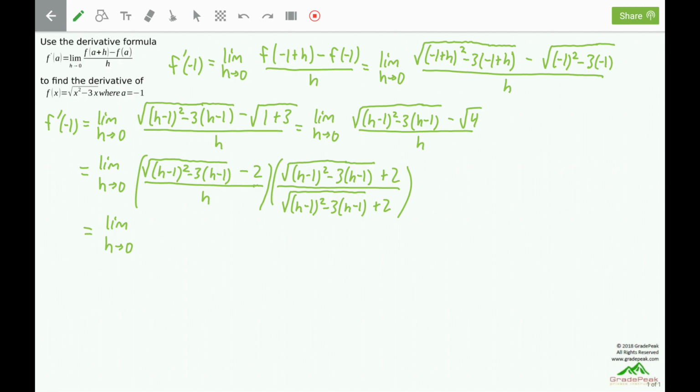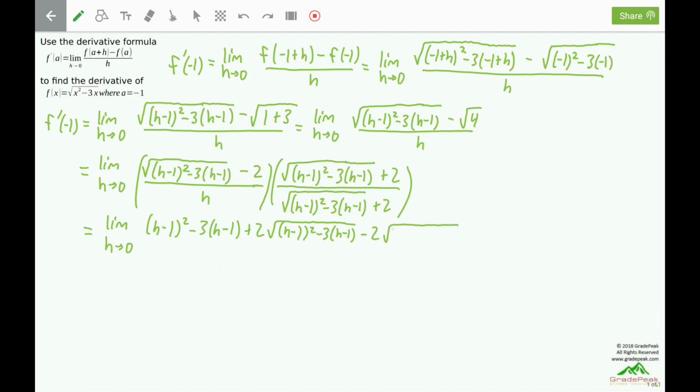The numerator is a root conjugate pair. We're going to FOIL that out. First, root times root will give us h minus 1 squared minus 3 times h minus 1. The outside is going to be a positive 2 times that root, and the inside is going to be a negative 2 times that same root.